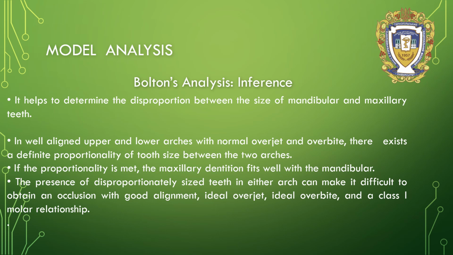If the proportionality is met, the maxillary dentition fits well with the mandibular. The presence of disproportionately sized teeth in either arch can make it difficult to obtain an occlusion with good alignment, ideal overjet, ideal overbite, and a class 1 molar relationship.